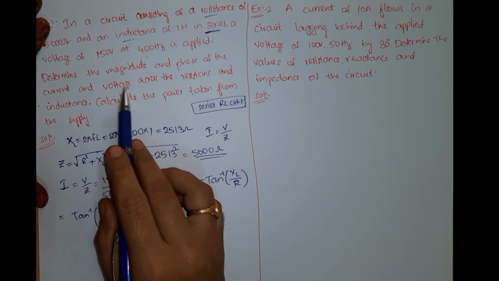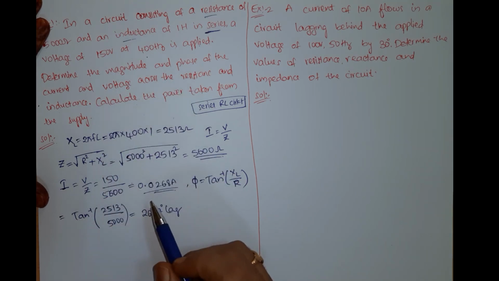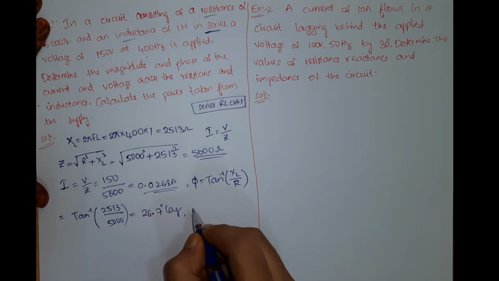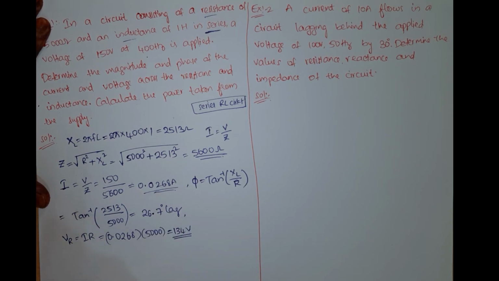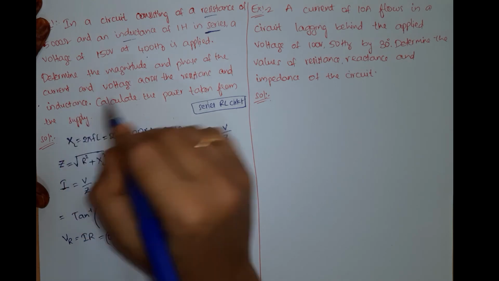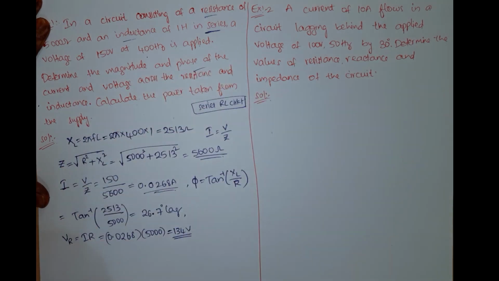Now we need voltage across resistance and inductance. So voltage across resistance is nothing but VR. That can be given by I into R. That is 0.0268 into 5000, which gives you 134 volts. Across resistance is over.